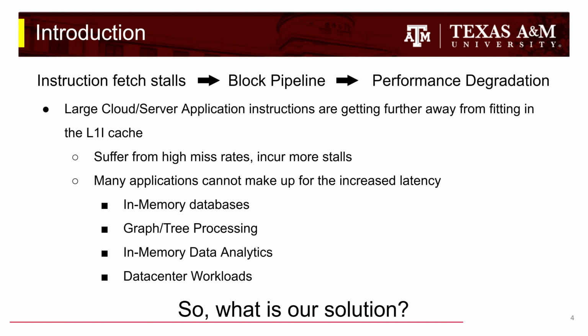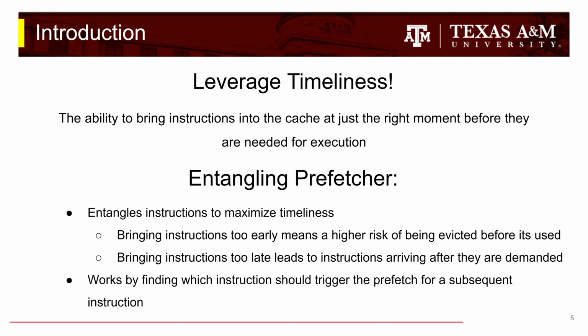So what exactly is our solution? Our solution is to leverage timeliness, which is the ability to bring instructions into the cache at just the right moment before they are actually needed for execution. More specifically, our solution is called the entangling prefetcher for instructions, which entangles instructions to maximize this timeliness.